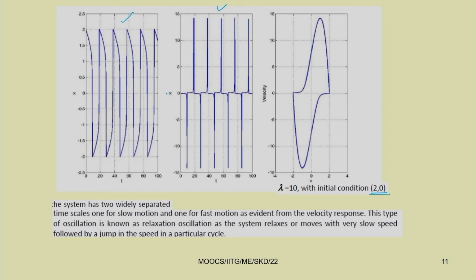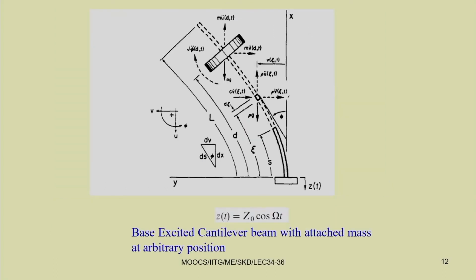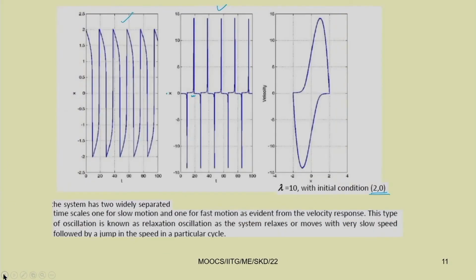In this portion it is slowly varying with time, and then in these portions it moves quickly. So one portion is slowly varying and the other portion is quickly varying with time. That means the system has two widely separated time scales, one for slow motion and one for fast motion, as is evident from the velocity response.